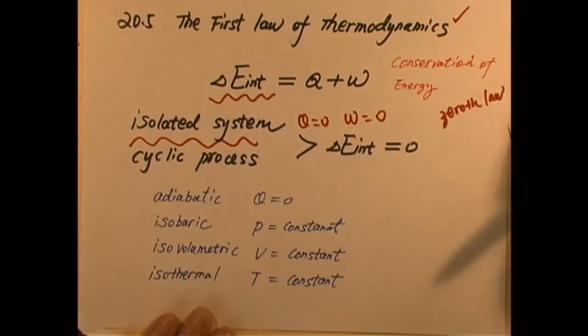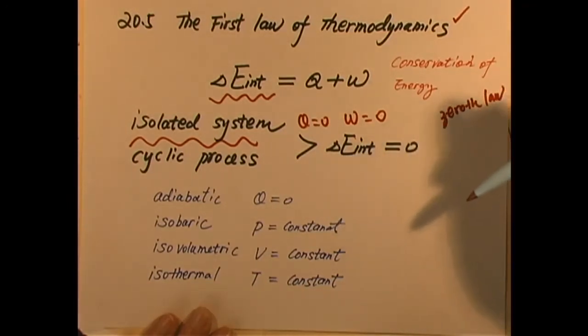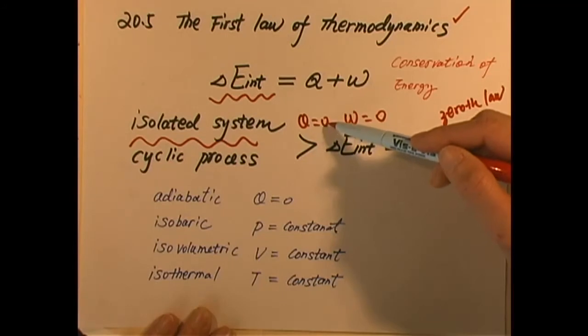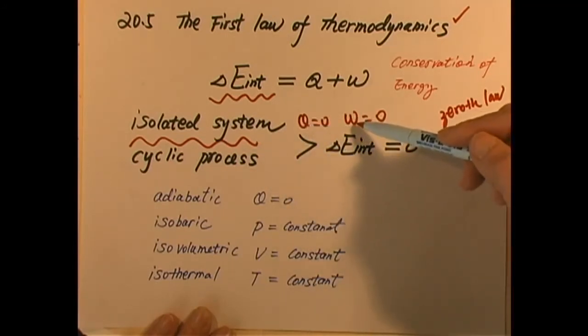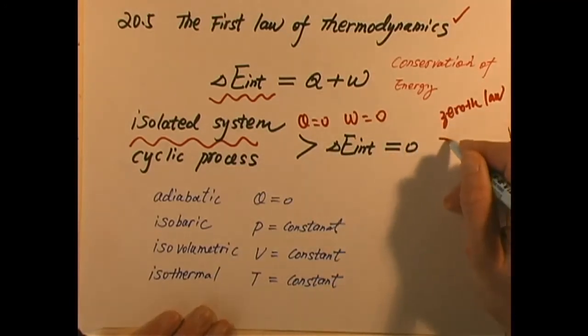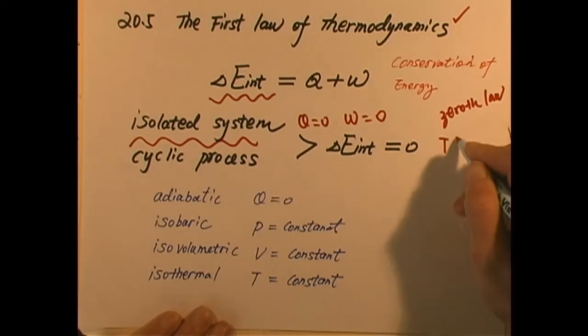Internal energy is thermal energy. Thermal energy is just a collection of random energy of molecules, which is proportional to their kinetic energy, proportional to temperature. So this comes to the conclusion: in an isolated system, when Q equals 0, no heat transfer out, and no work done to or toward the outside, delta E internal equals 0, which means the temperature is constant.